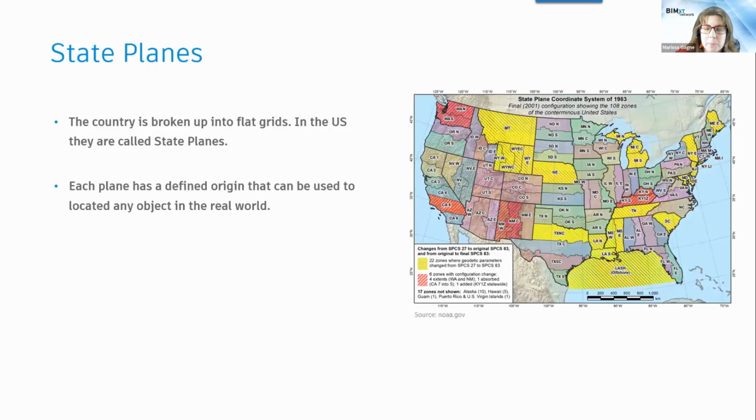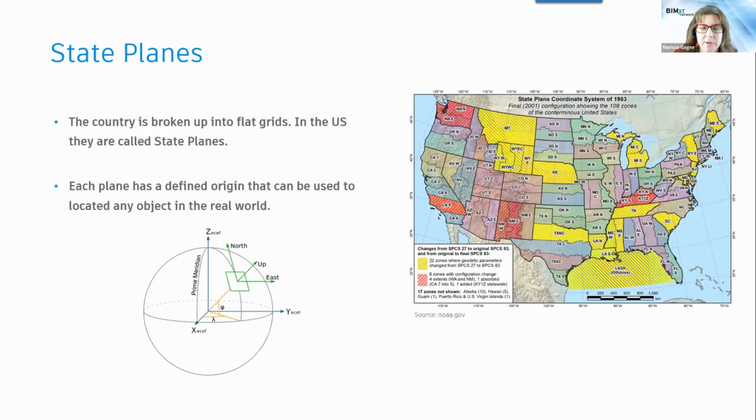We're mostly using state planes. For those of you not familiar with this, each state has been broken down into a series of areas that can be laid out on a flat piece of paper as well as possible. Basically, we have a circular earth. Nick, I think if you hit the next one, it should show the little earth thing that we had. There you go.